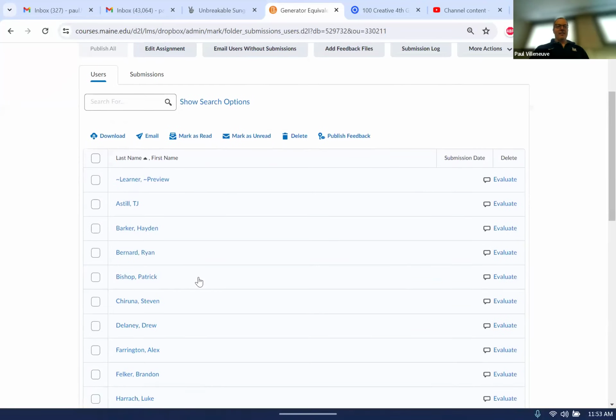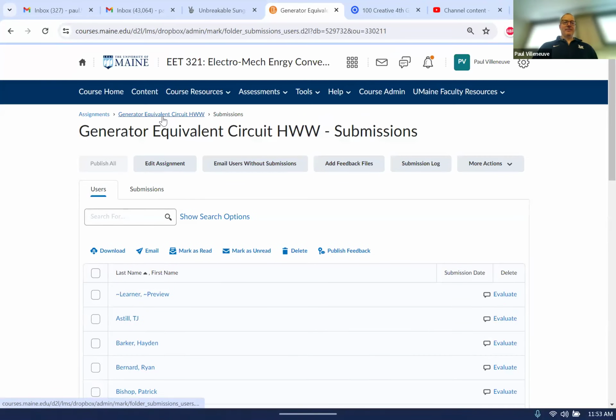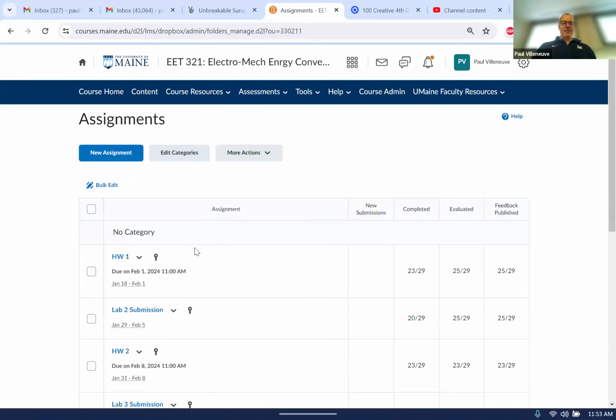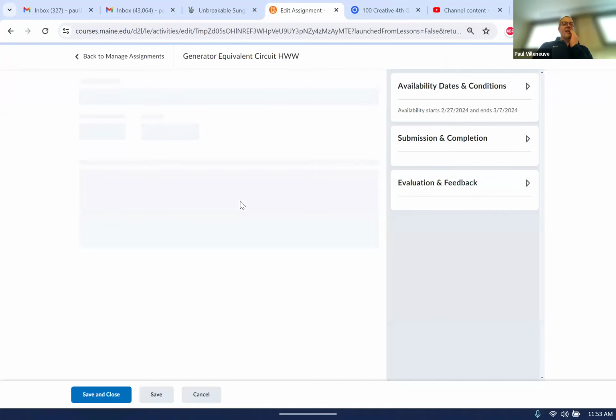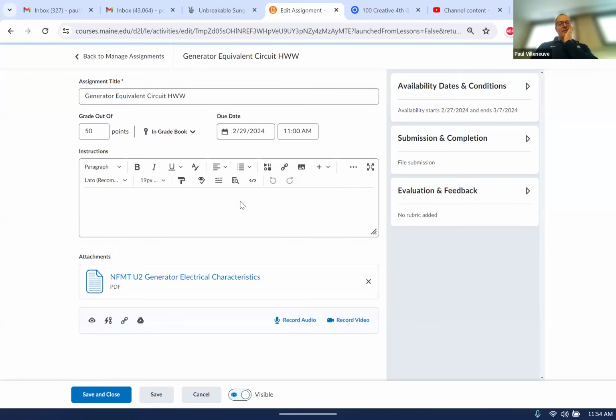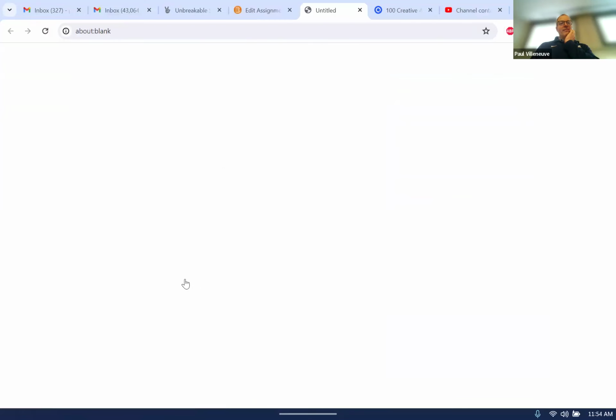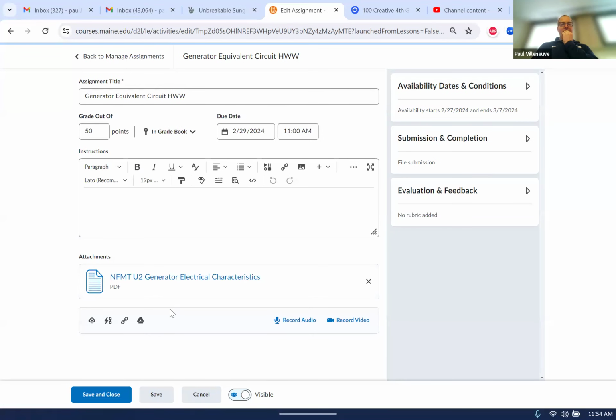Generator equivalent circuit. I have an extra W in there, fat fingers. And if you look at the file, it's the electrical characteristics.